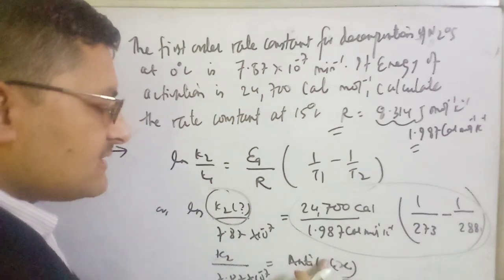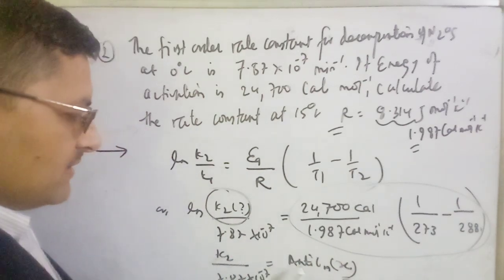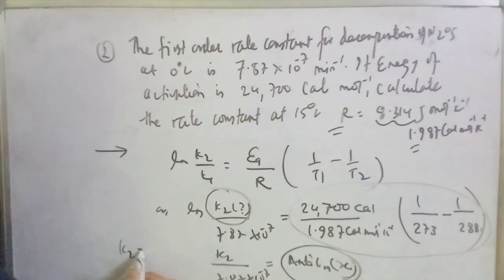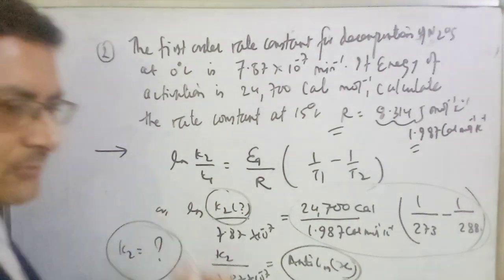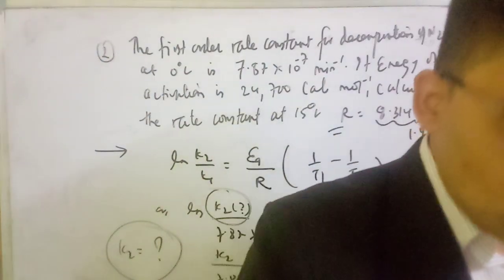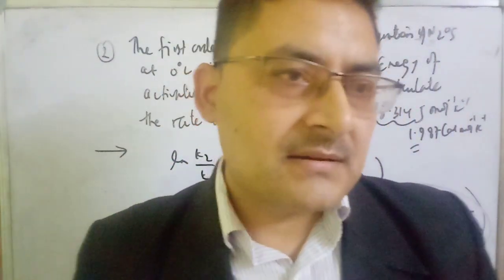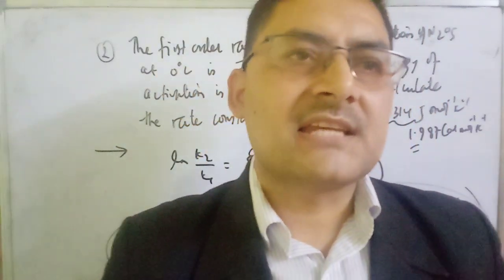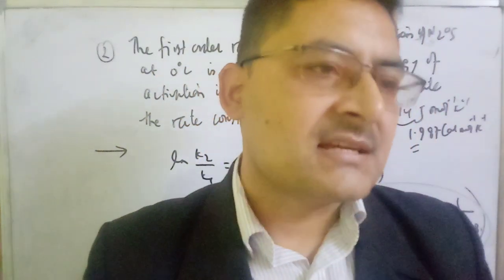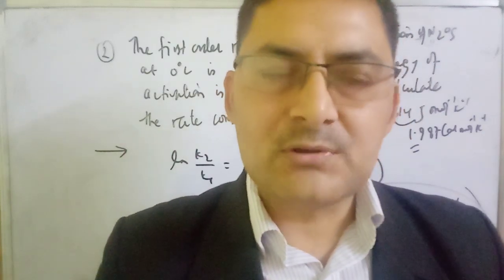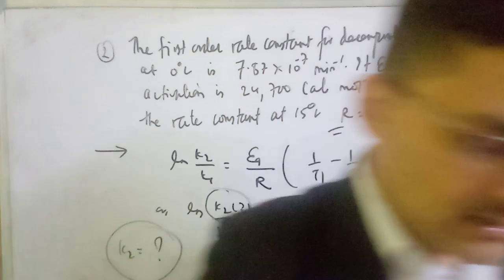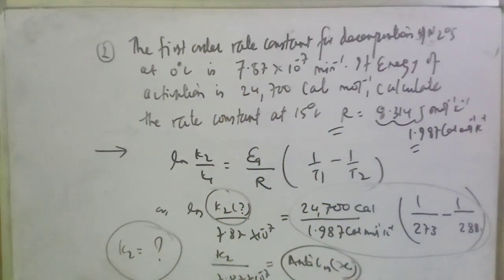Then take the antilog of x, and you can easily get the K2 value, the rate constant. So if you are provided the energy of activation and one value is not given, whether temperature or rate constant, you can use this formula very easily to solve the numerical problem.